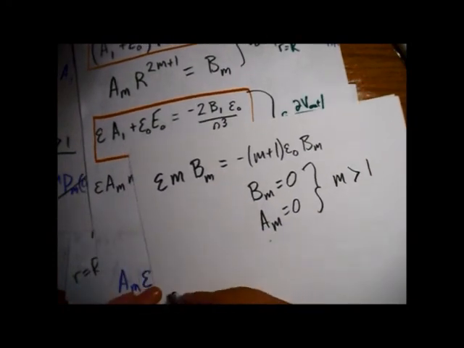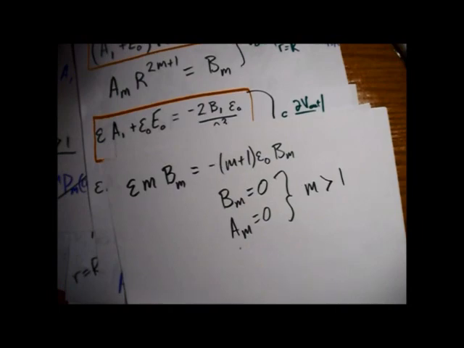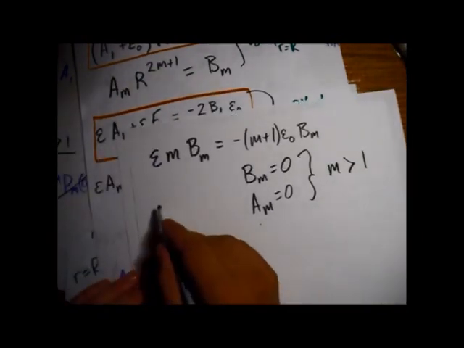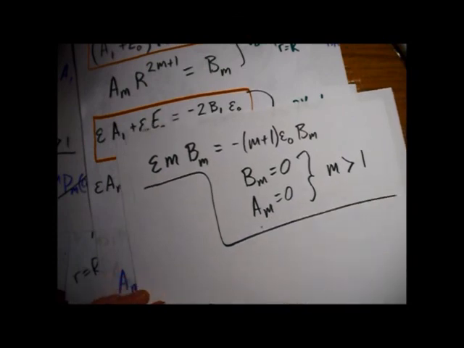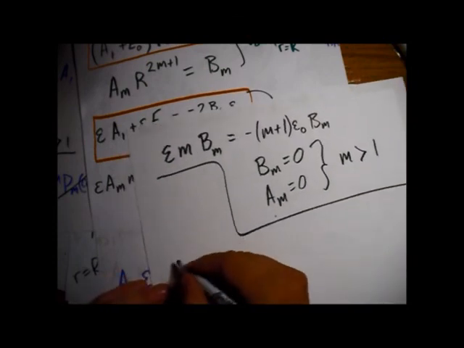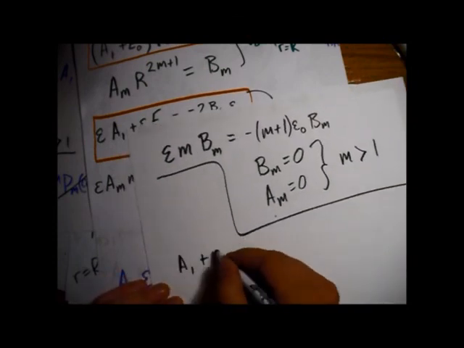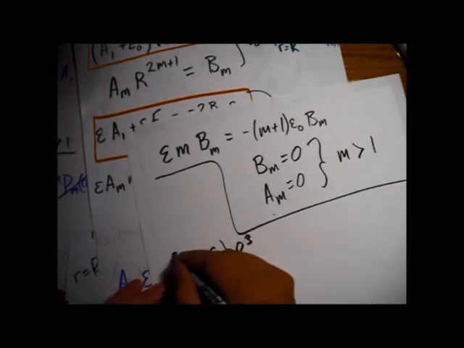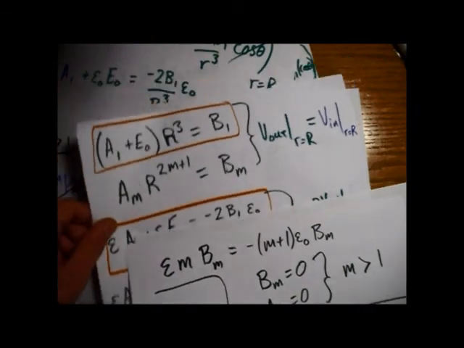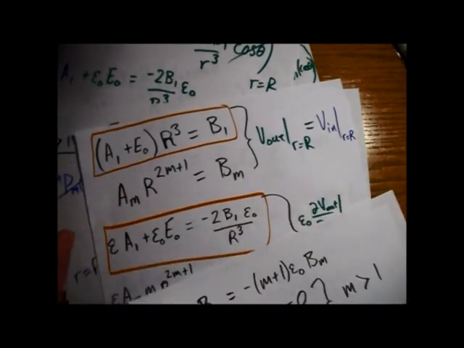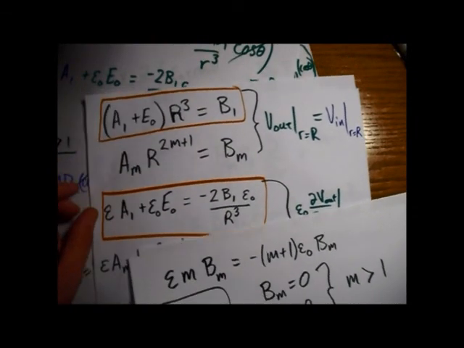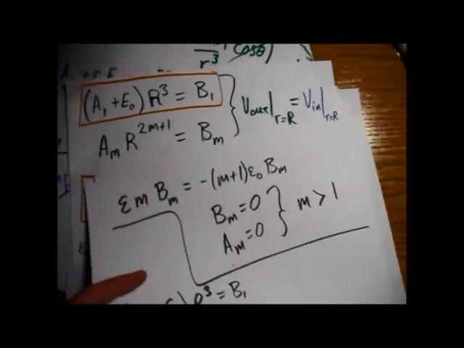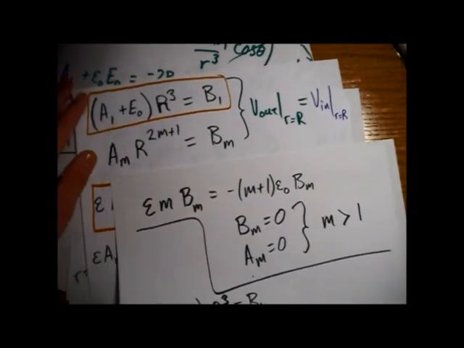So I'm going to write a line here, and we have a1 plus big E naught multiplied by r cubed. That is b sub 1.